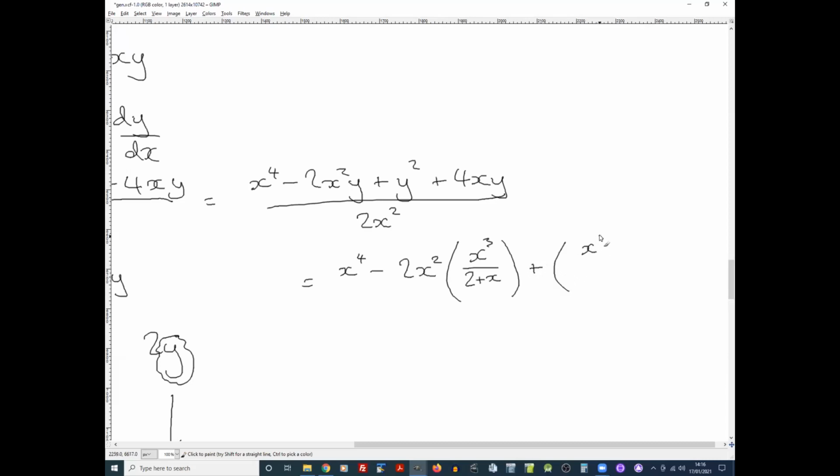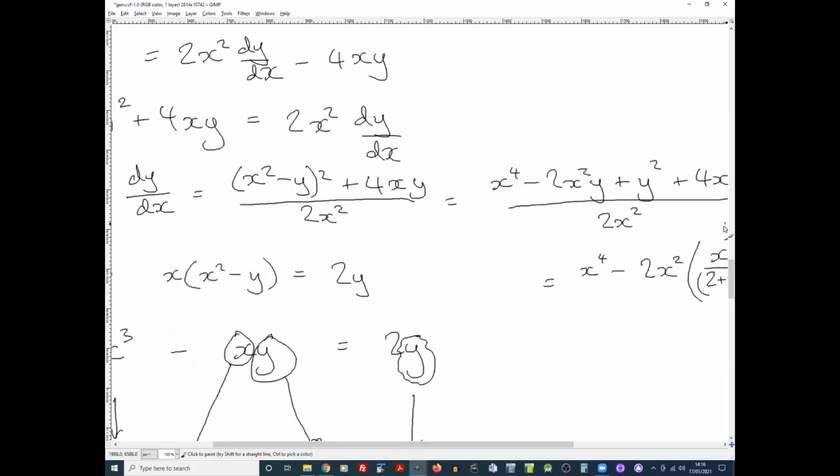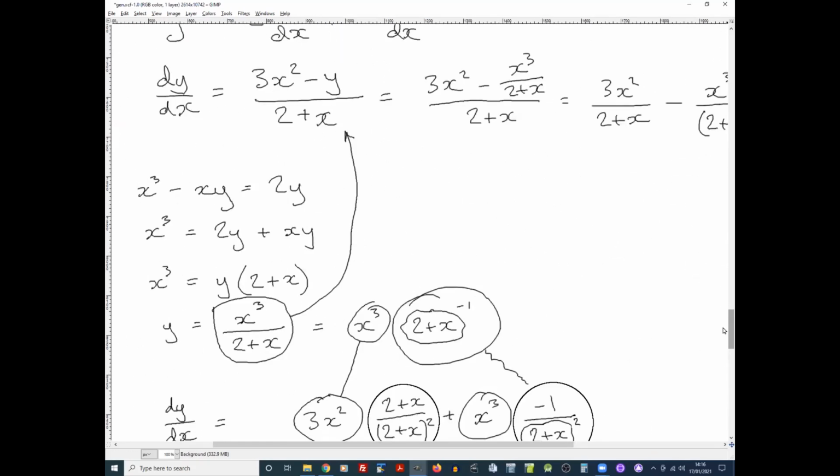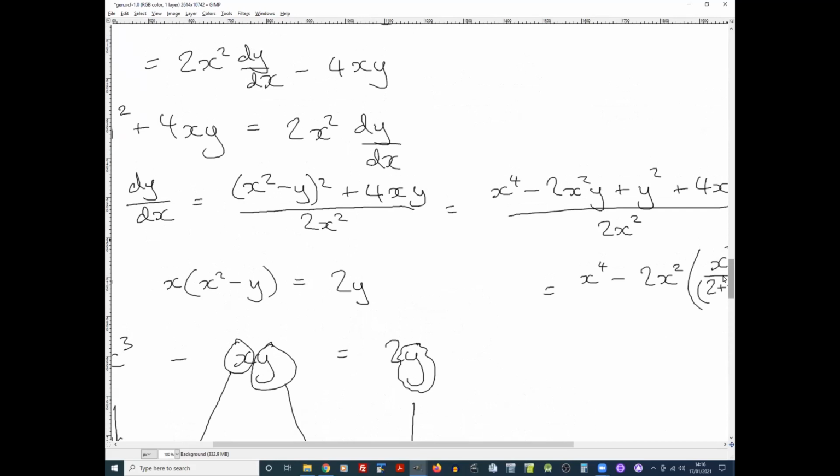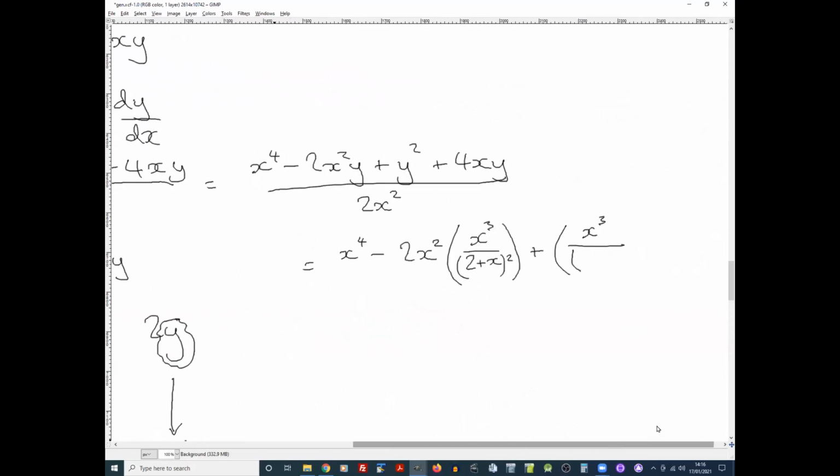Oh, this is just ridiculous. Over the square of x cubed over 2 plus x, or x cubed over the square. Just over 2 plus x. No need to go mad here, sorry.